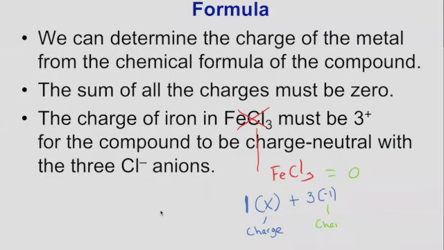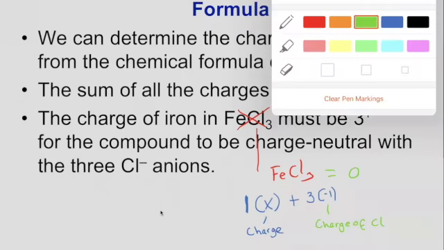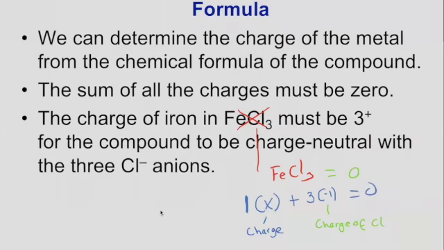This whole thing is going to equal 0. Then what you're going to do is solve for X. So you're going to have X minus 3 equals 0. X equals 3. That tells you the charge of iron.